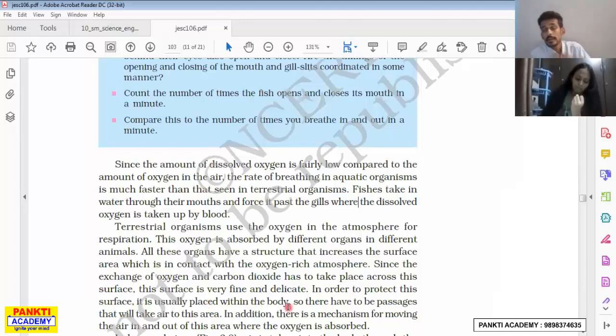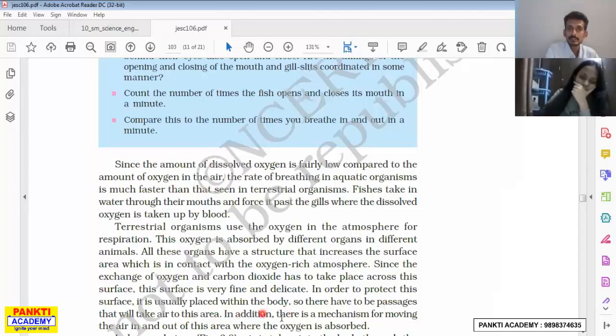So we know our lungs, where are they, beta? In our chest cavity, meaning inside the body. So protection of these organs is given in our body. So there has to be a passage that will take air to this area.